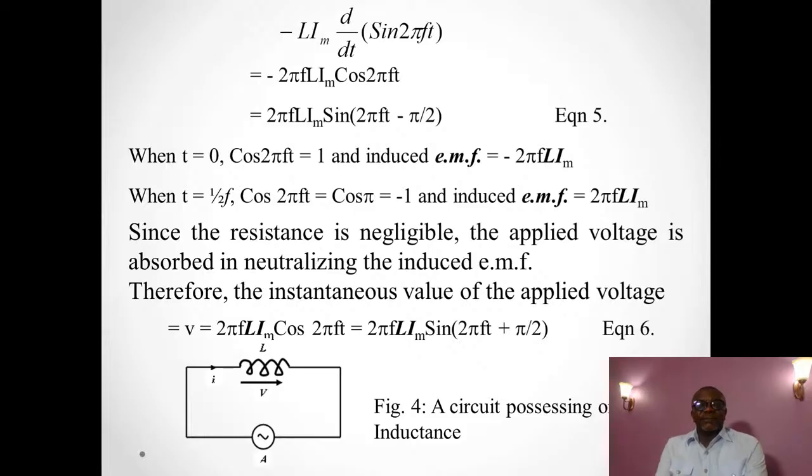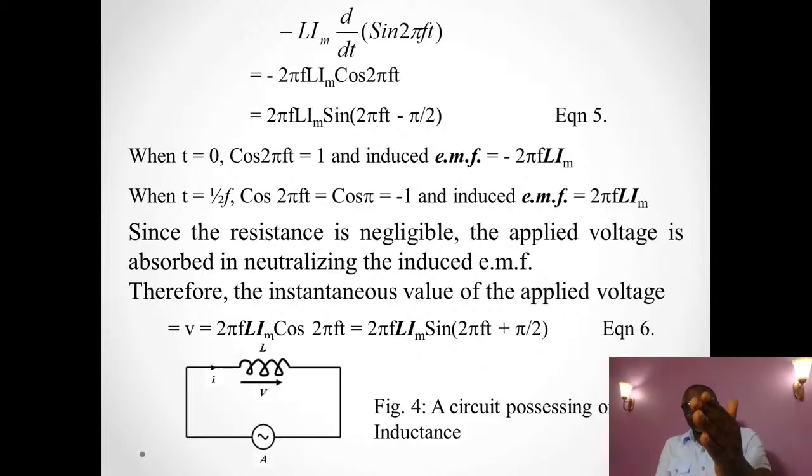Because we are looking at sine, we want to convert that back to sine, so it will be 2 pi f L Im sine, in bracket, 2 pi ft minus pi over 2. From your trig identity, this will not be an issue for you.